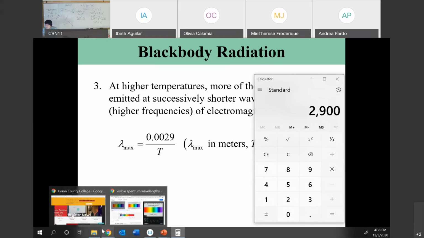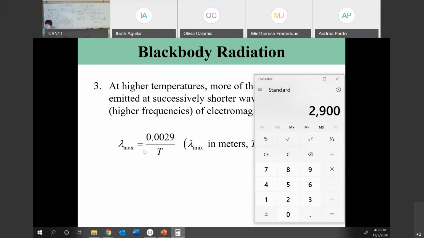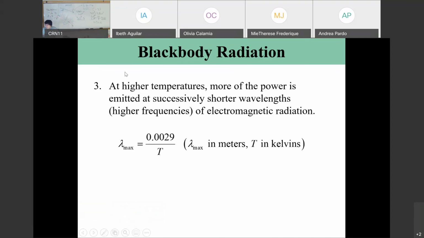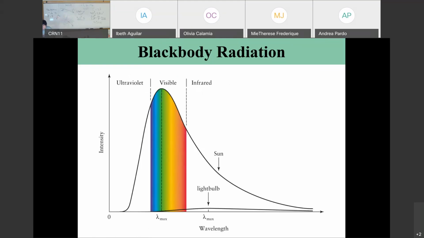Normally, Vega will be whitish, it's white, it's very white, very bright spectrum. In any case, we can use this equation to find where this peak fits with that maximum intensity. All right.